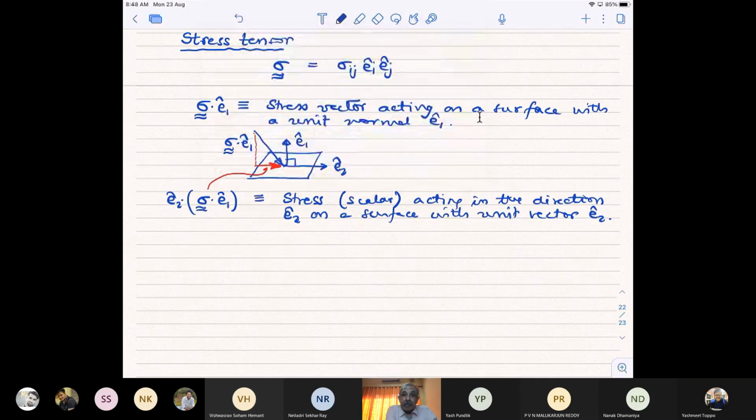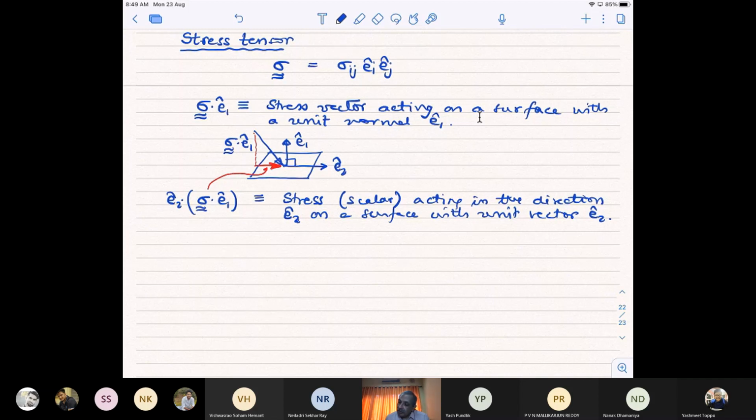So here is the first part of our tools coming into action. We are seeing how we can use vectors and tensors to better understand the physical meaning of various things. Whenever you take a dot product of a tensor with a unit vector, it will give you a vector. And in this particular case, it gives you a force per unit area. Force is the vector.